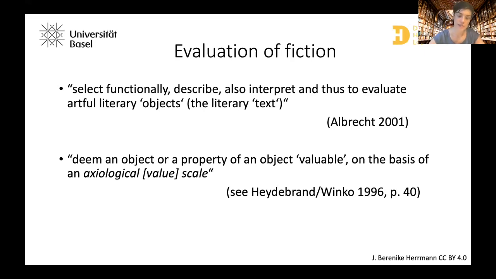And Heydebrand and Winko, which is our main reference here, define it as to deem an object or property of an object, so the literary object, the book, for example, valuable on the basis of an axiological scale, which is a value scale. So this is really about what's underlying these actions.